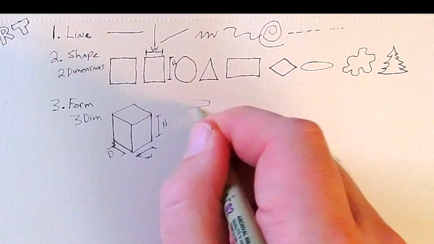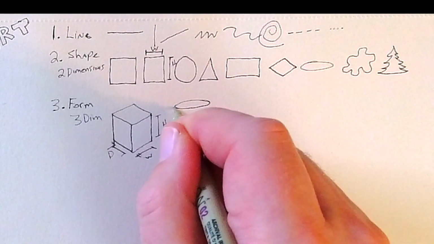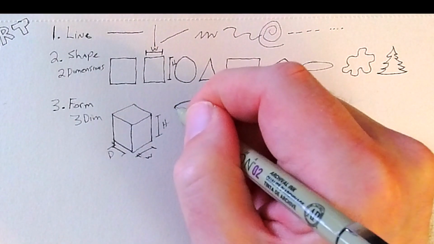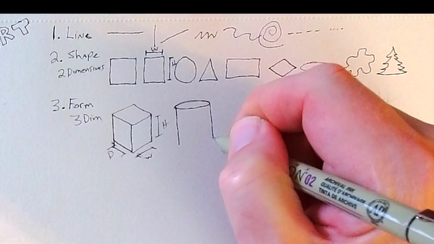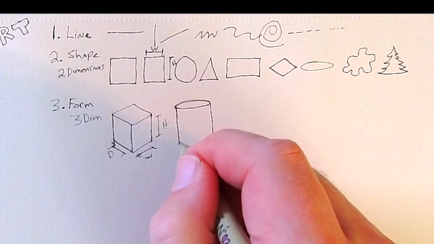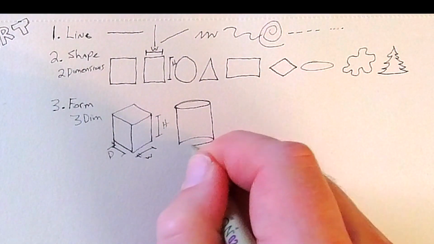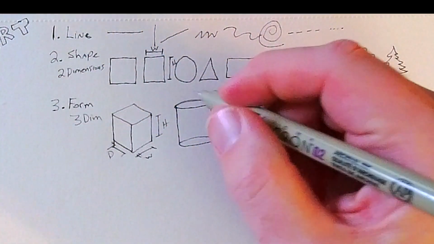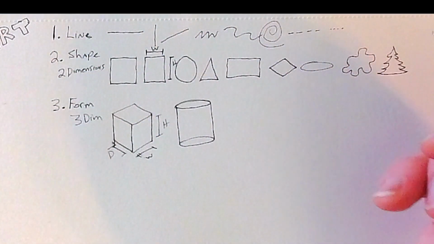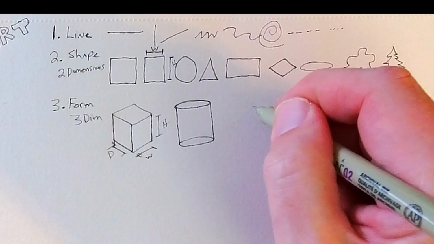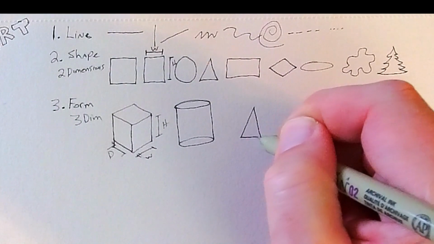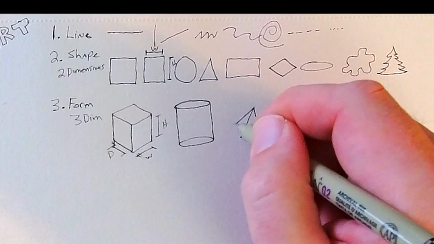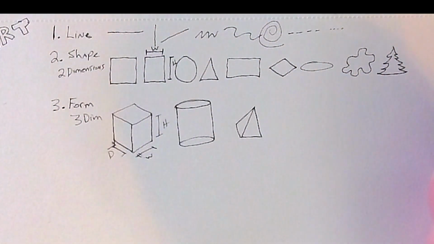So let's just, for example, take an ellipse. Then we'll put a line down here. Let's just say we had another ellipse down here. All of a sudden we have a cylinder. So we could do that with all sorts of things. We could do that with, let's just say, a triangle. Add a couple lines to a triangle, and you would have a pyramid.